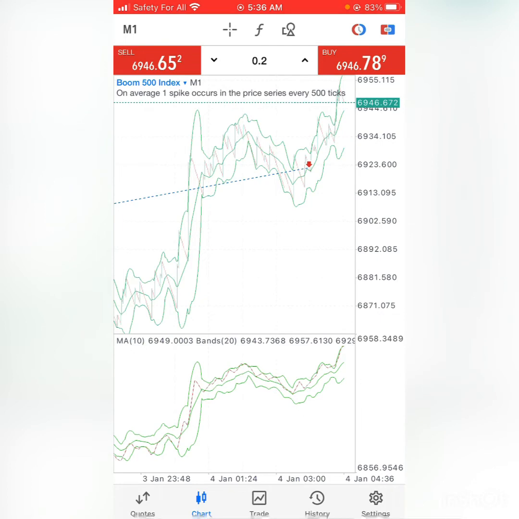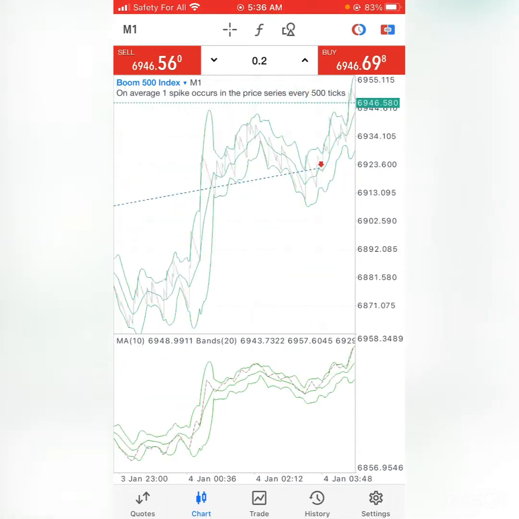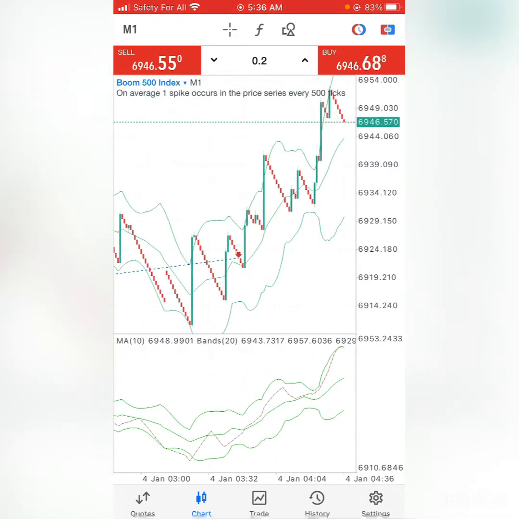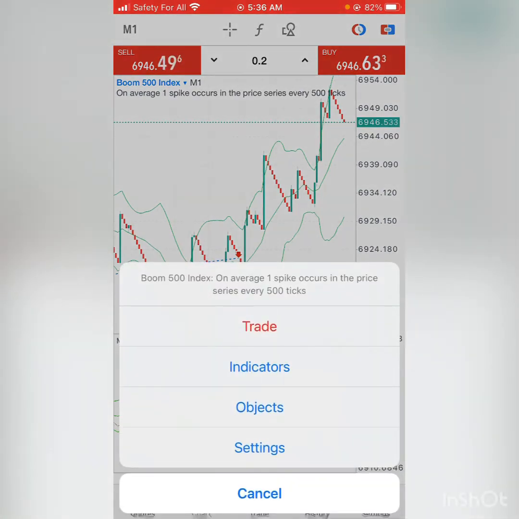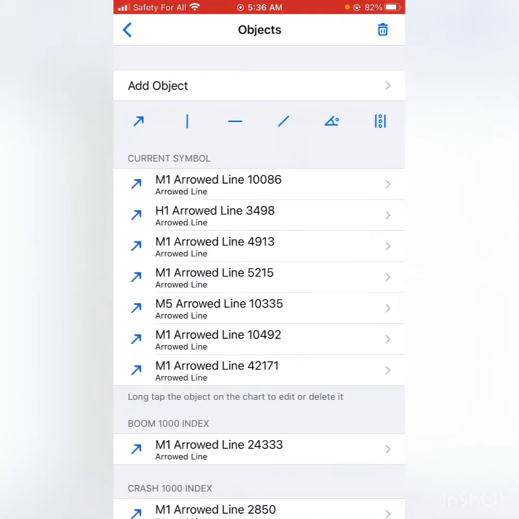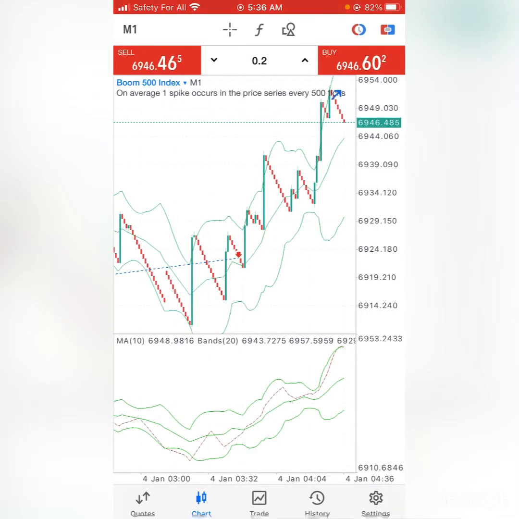Now, what do you need when trading? As you can see here, this is the main chart. Let me bring out my arrow to make it easier for illustration. Like I always say, you trade Boom on uptrend.